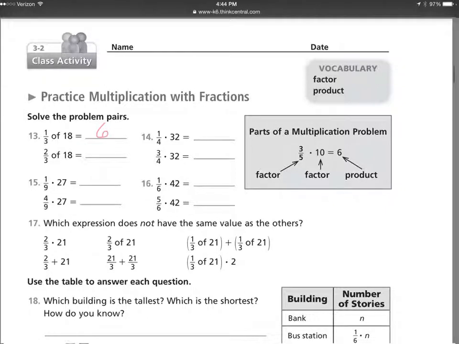And 2/3 of 18 would be 2 parts of it, which would be 12. 6 plus 6. I'd like you to use the same strategy to complete numbers 14, 15, and 16 in your head. Pause the video and come back when you have them complete.